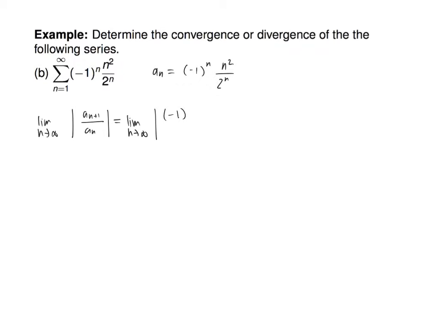Negative 1 to the n plus 1, and n plus 1 all squared, spectacular, over 2 to the n plus 1, yep. And then divided by a_n, i.e. multiplied by its reciprocal, you have 2 to the n over negative 1 to the n and n squared, right?